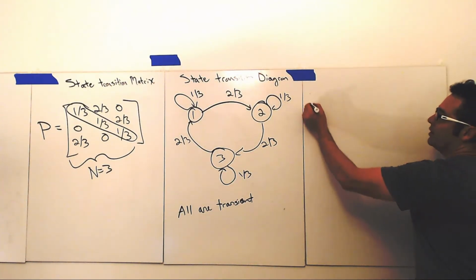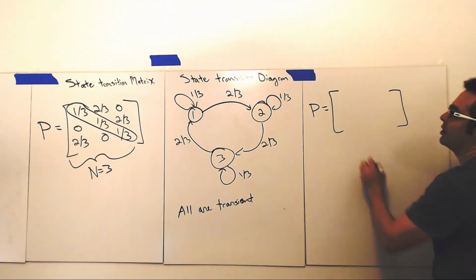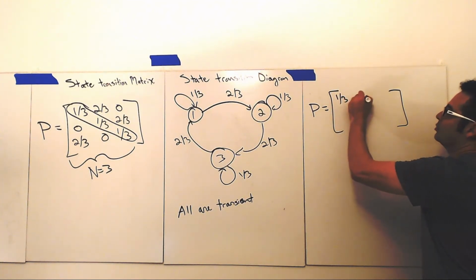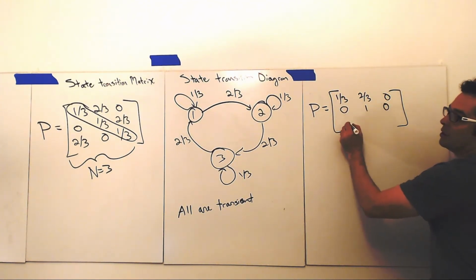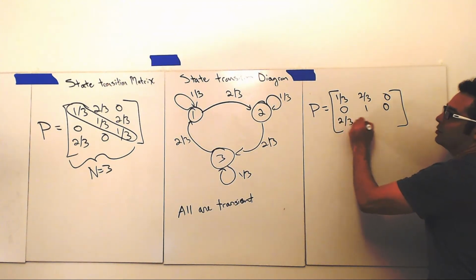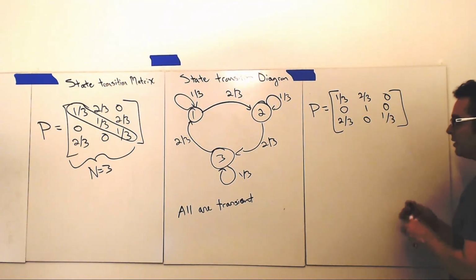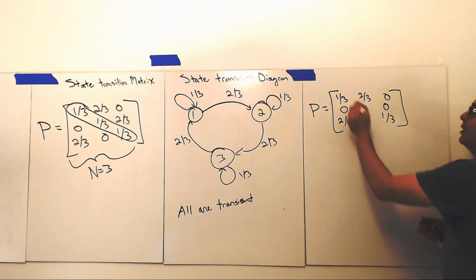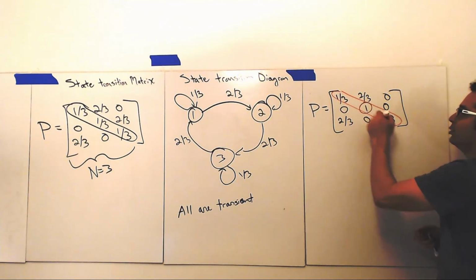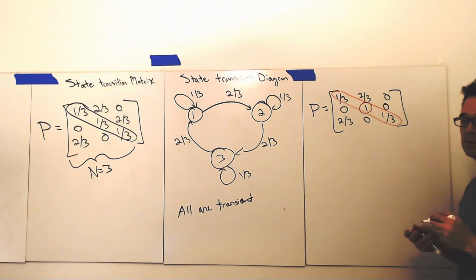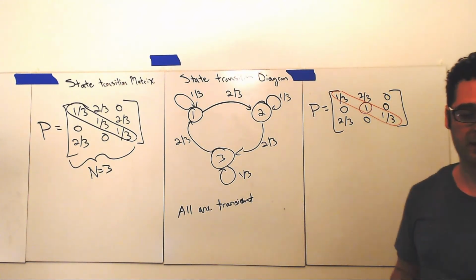I'm just going to edit this transition matrix a little bit, and I'll do 1/3, 2/3, 0, 0, 1, 0, and then 2/3, 0, 1/3. Right off the bat, I can tell that state 2 is an absorbing state, and that's because it has a 1 in the corresponding diagonal.